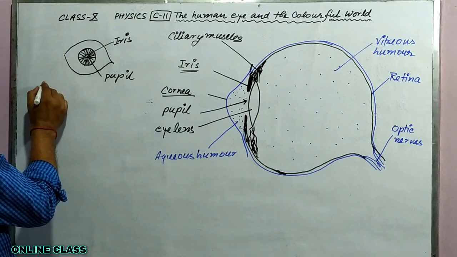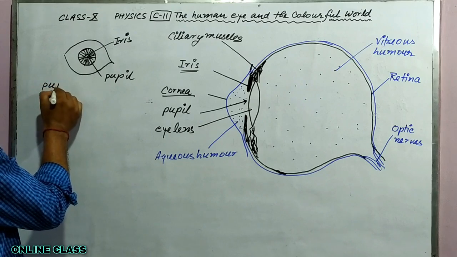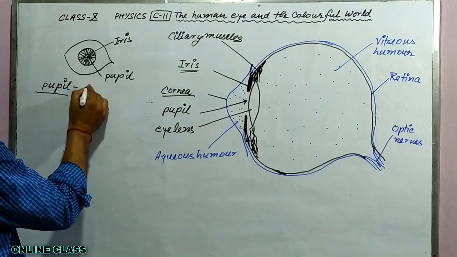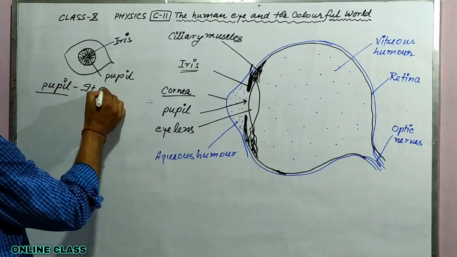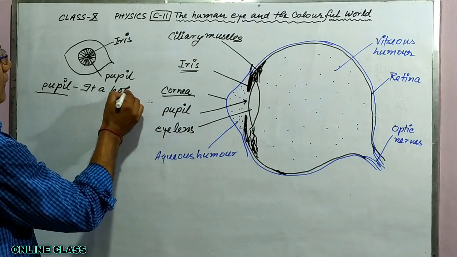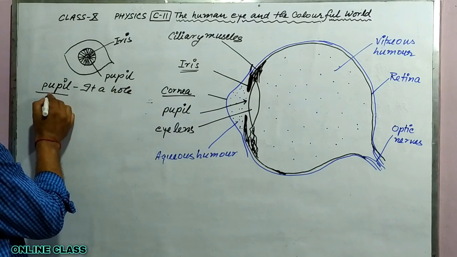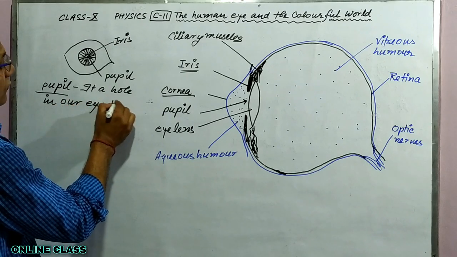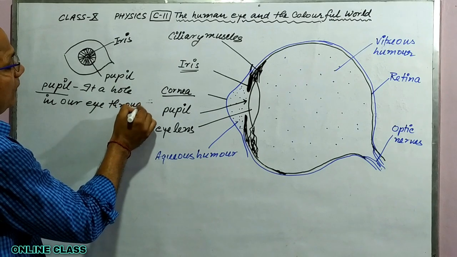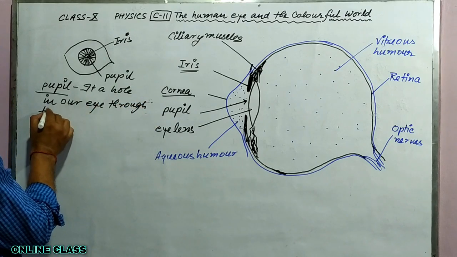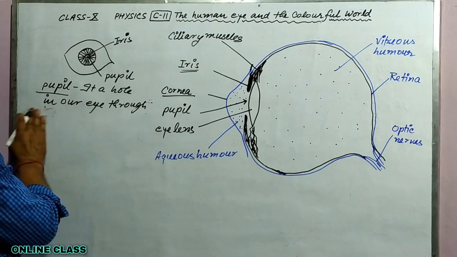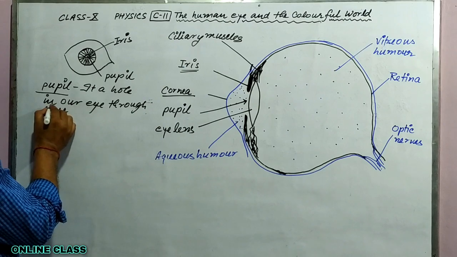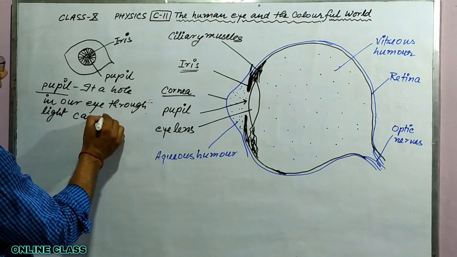So next part is pupil. It is a hole in our eye through which light can enter.